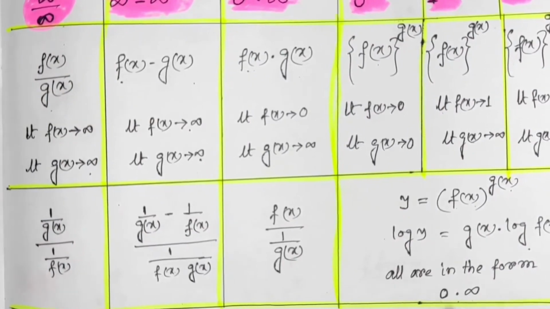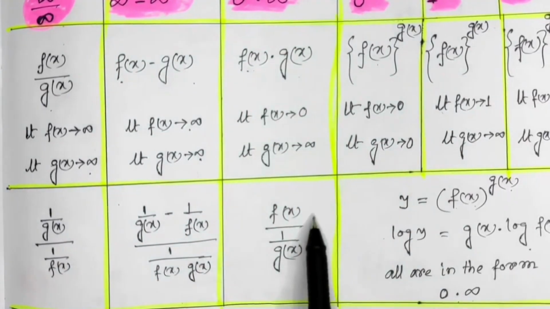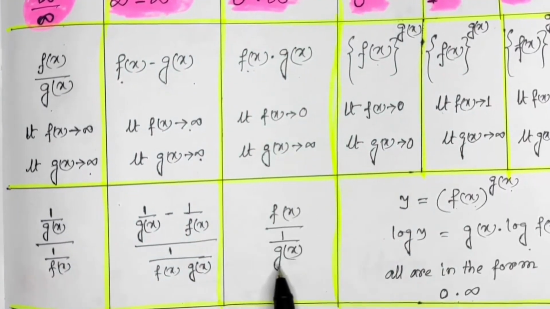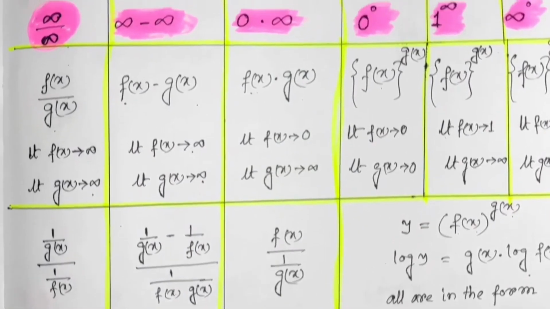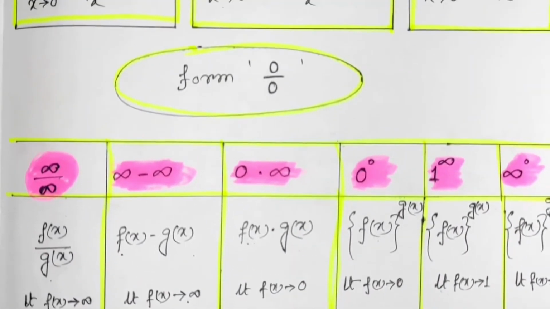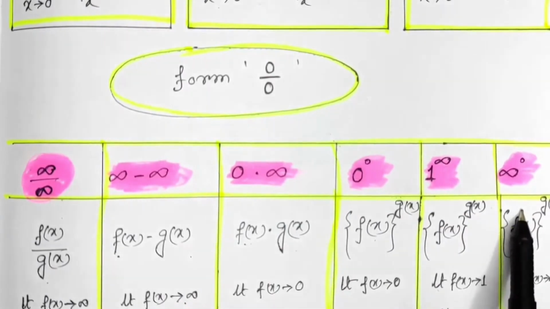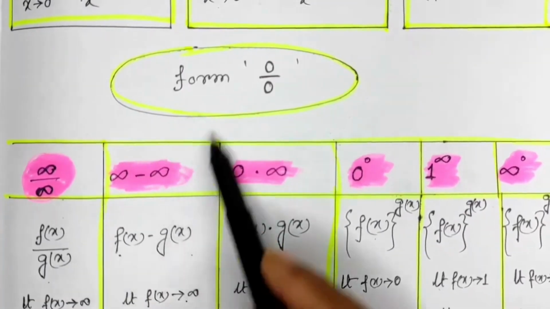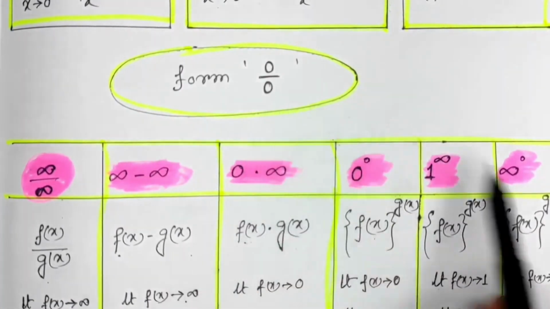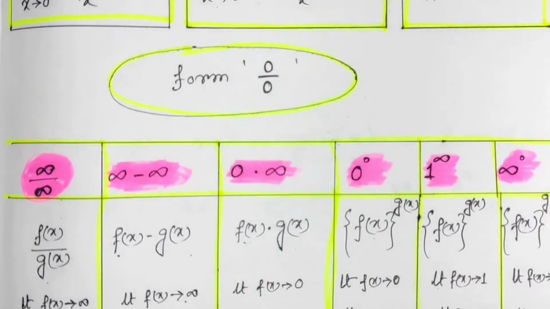Once we get 0 into infinity, if we apply this transformation, we find it is in the 0 by 0 format. So ultimately, whatever the different forms are, all are converging towards the form 0 by 0. If we know how to find the value for the indeterminate form 0 by 0, we are able to solve any other indeterminate forms.